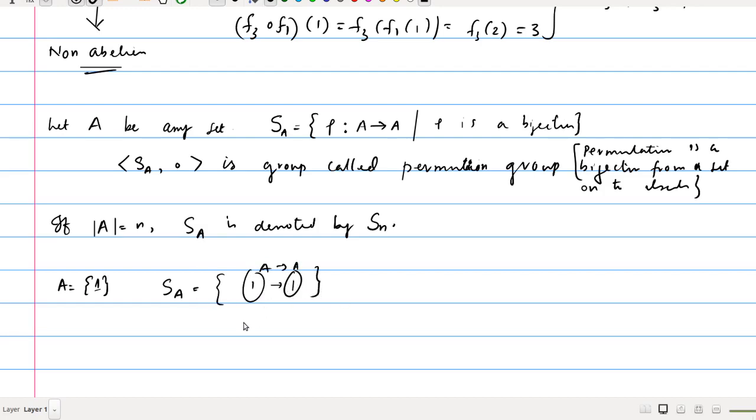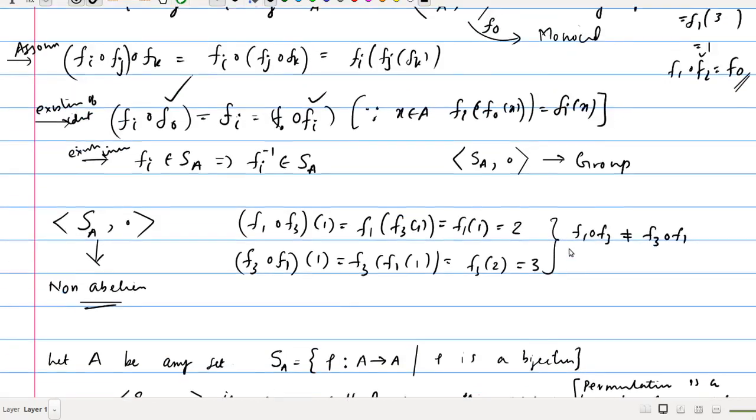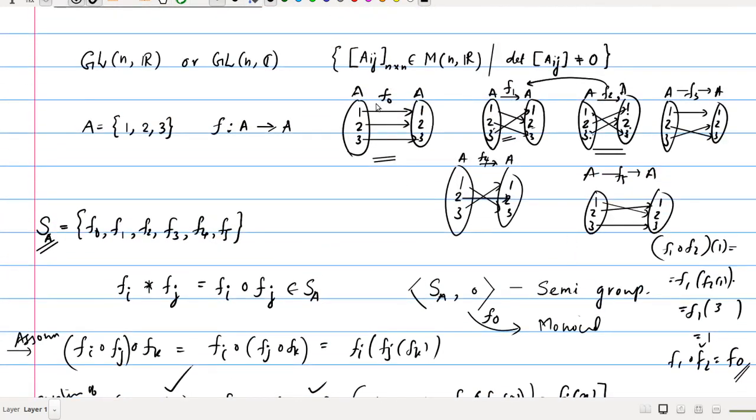Okay, and it is not easy to handle this symbol to denote the functions. So we denote this function as 1 mapped into 1. In the previous case we have 6 permutations, so if we consider these permutations, we adopt a new notation to denote these functions.